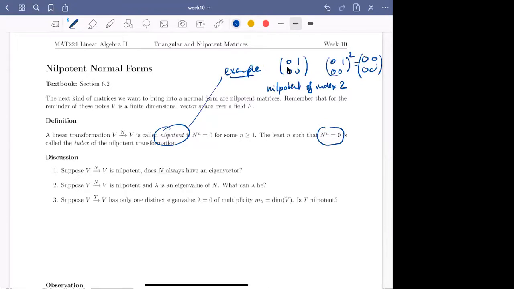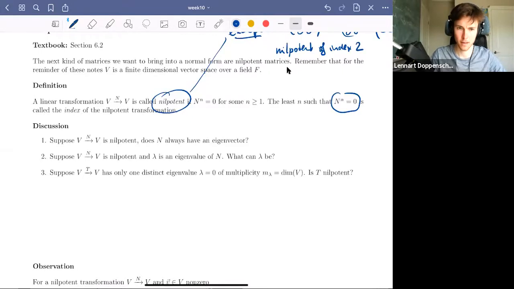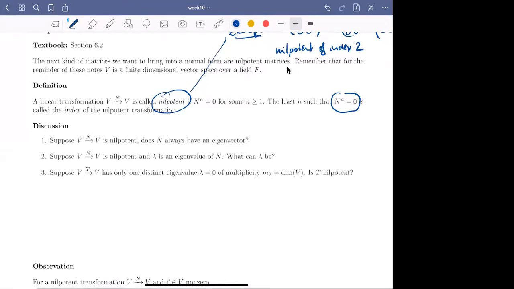I guess how I started thinking about it is that since it's nilpotent, it must have a non-trivial null space, and if it has a non-trivial null space, then it must have an eigenvalue of 0, because some dimension is getting squished into the null space. Yes, the vector would just be some vector in the null space.